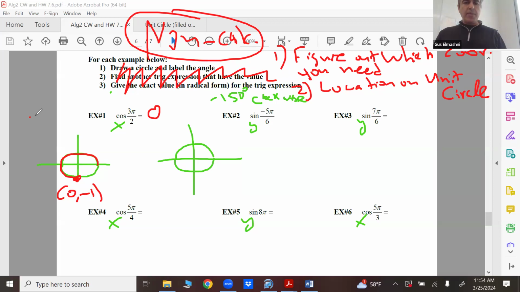Tell me when I've traveled negative 150. Tell me when to stop. Good. So that will be very similar to 210. Those coordinates are negative root 3 over 2, negative one half. Use your unit circle, by the way. But you want the y coordinate, so it's negative 1/2.